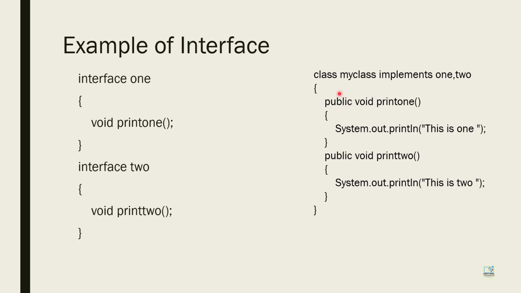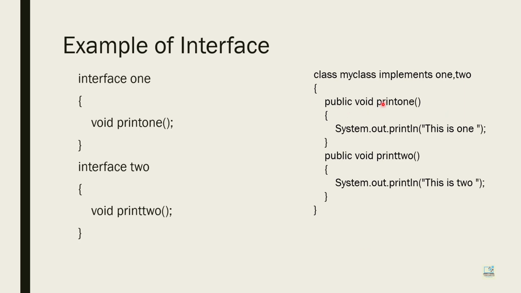What if I don't use it? If I don't use it, then it will not work. Now why? In the base class it is not there. The reason is that the default access specifier in Java is package. It is not public. First comes public, then comes package, then comes protected, then comes private. Now, as I told you, all the members of an interface are public. Now you are trying to define a method which is public, but if you don't write public in your class, then by default all the members are package.